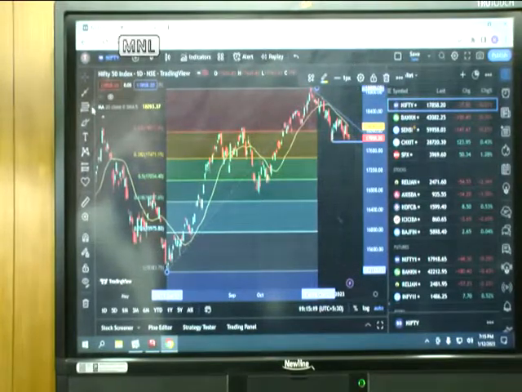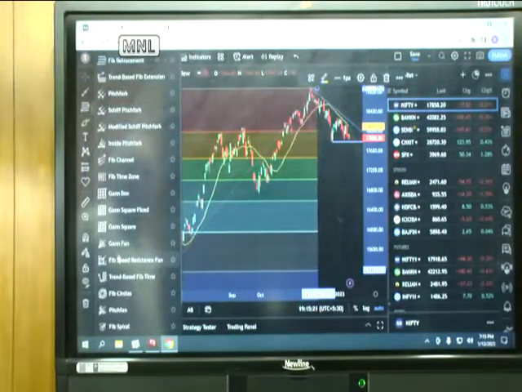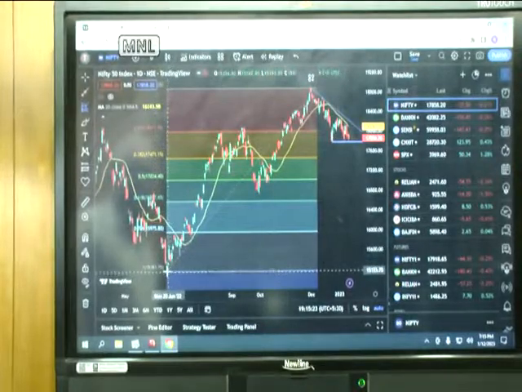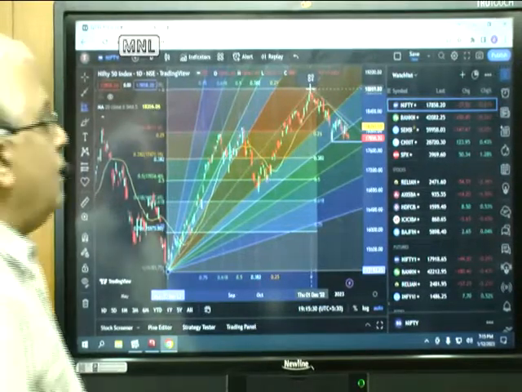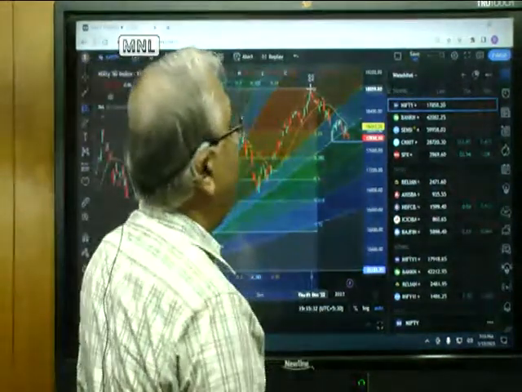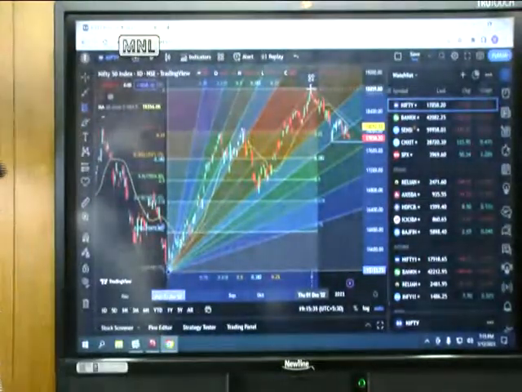Let's look at the Fibonacci fans. See, exactly at the 38.2%, we are converged exactly at 38.2%.